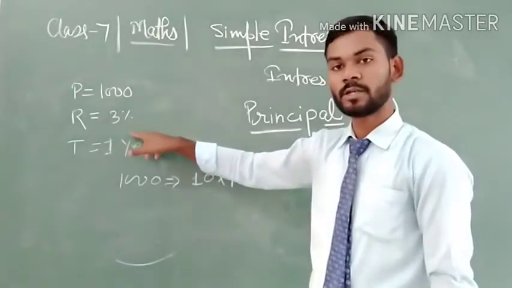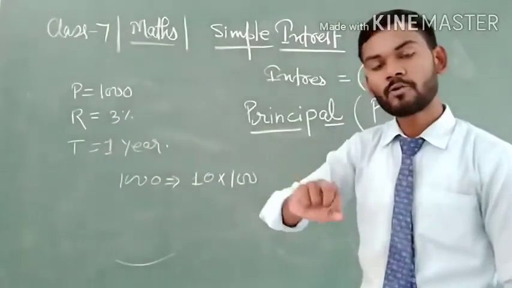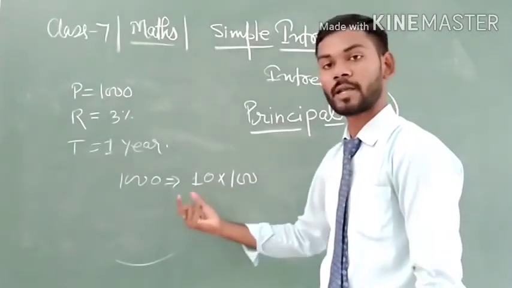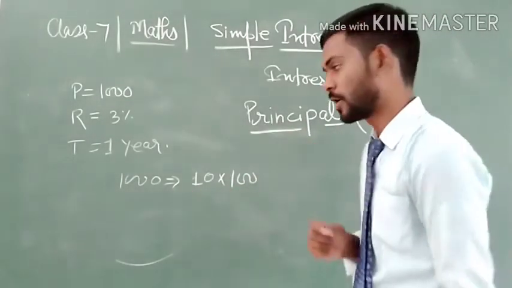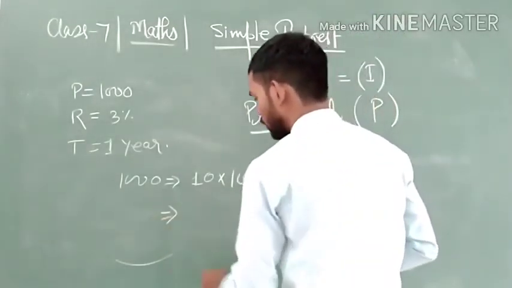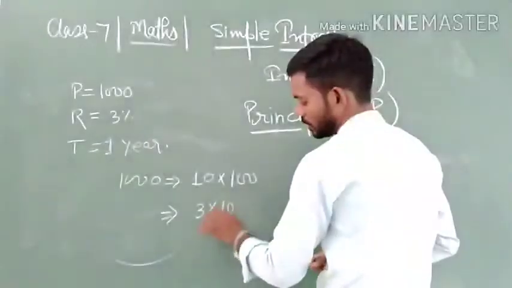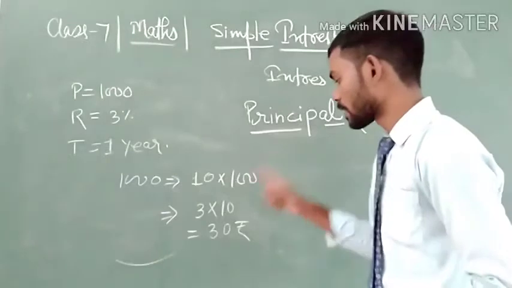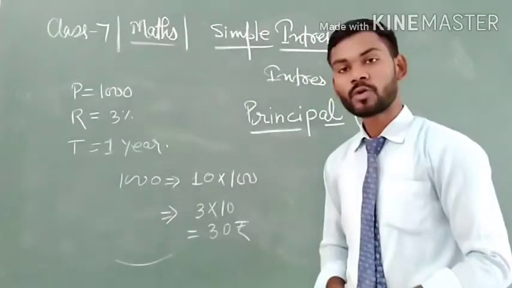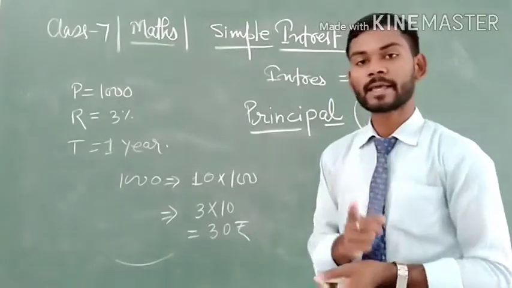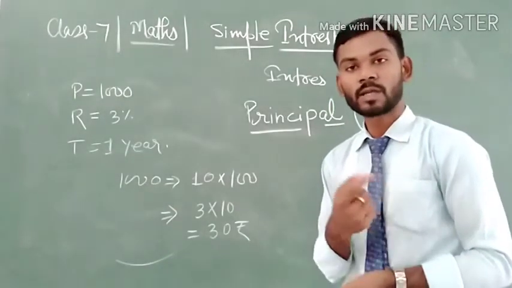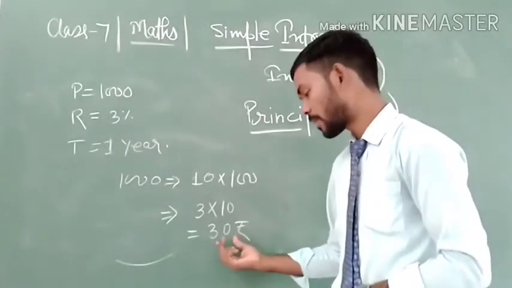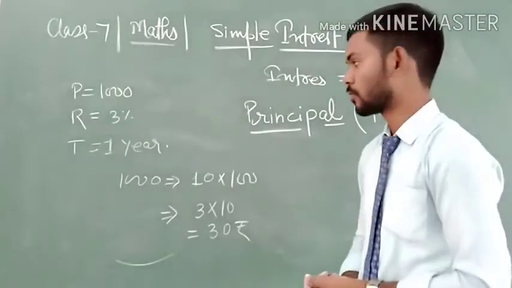The meaning of 3% is 3 rupees out of every 100. So there are 10 hundreds, which means we get 3 multiplied by 10 is equal to 30 rupees. Why? Because for 100 I get 3 rupees, so I will get 30 rupees for ten 100s, and hence my interest will be 30 rupees.